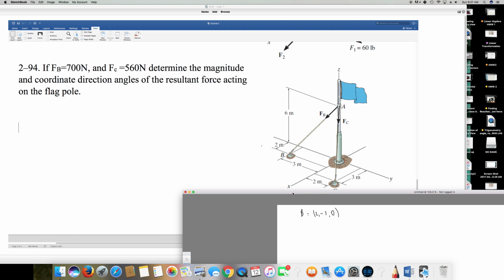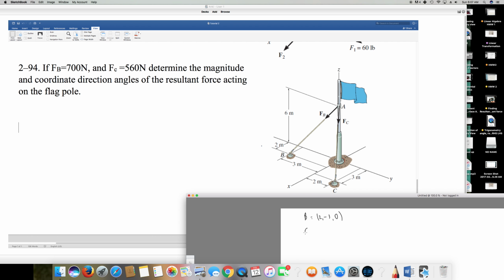Then I'm going to take the C coordinates. For C, x is at a 3 meter distance, because we have to calculate from here, and y is at a 2 meter distance, because from here to here is 2, and z has no height, so it's 0.